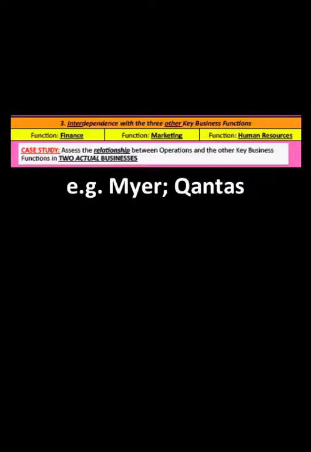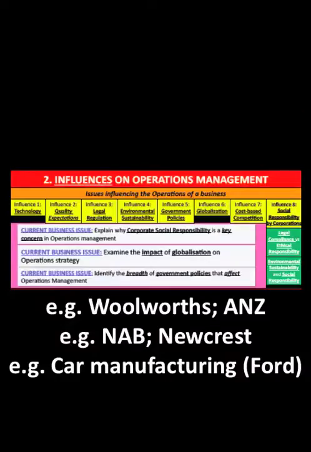If I get asked to look at the relationship between operations and other key business functions, I'm going to look at Maya and Qantas. If I get something about the influencers, if I get corporate social responsibility, I'm going to talk about Woolworths and ANZ. If I get globalization, I'm going to talk about NAB and Newcrest. If I get government policies, I'm going to talk about car manufacturing and Emirates or whatever, right? You write down which case studies you're going to use for each one.